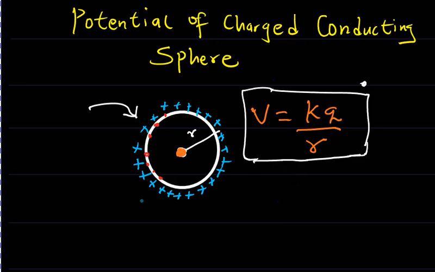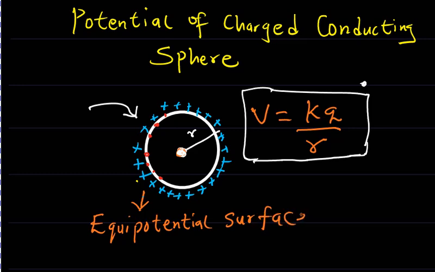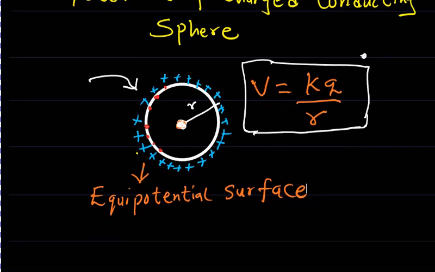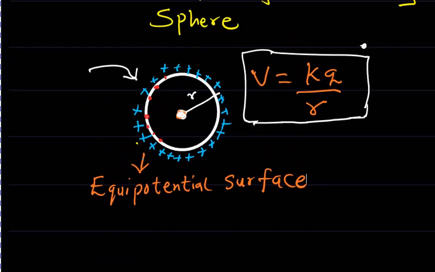A surface like this is what we refer to as an equipotential surface. An equipotential surface is a surface of equal potential. So any point on that surface has the same potential.